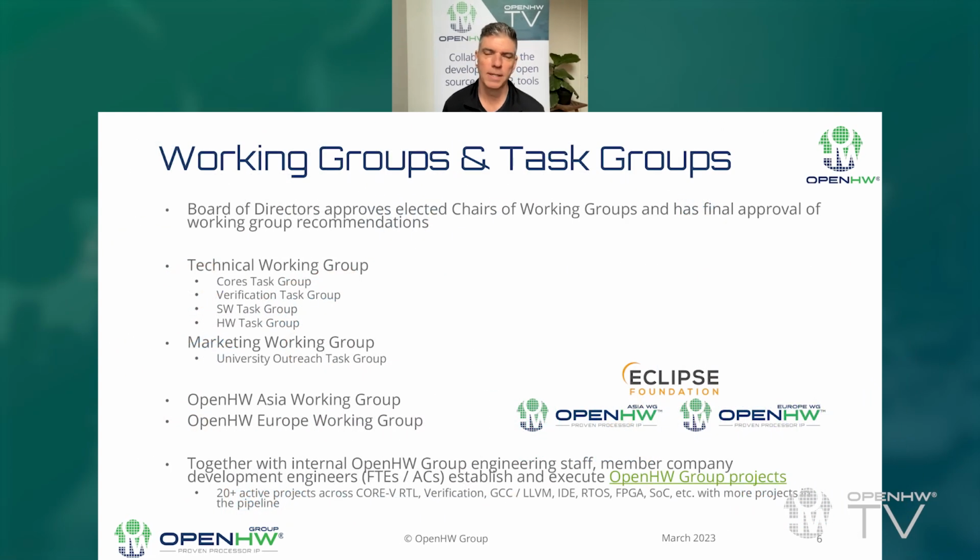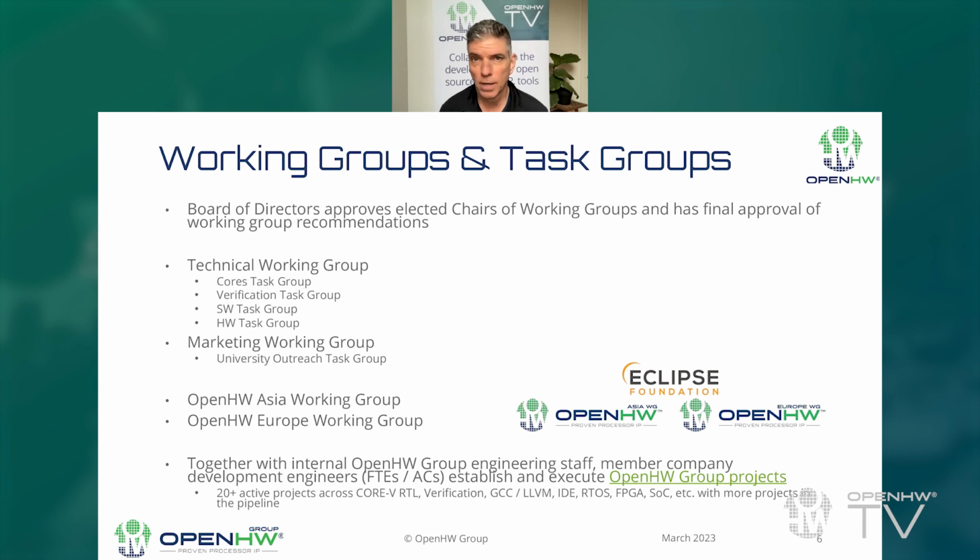Just quickly, the way the organization is structured is we have a board of directors that the working groups report into, and we have 4 fundamental working groups: two main ones, marketing and technical working groups, and then 2 regional working groups, Open Hardware Asia and Open Hardware Europe, that help to curate and understand local requirements in Europe and Asia and make sure that we have projects that are pertinent to those regions.